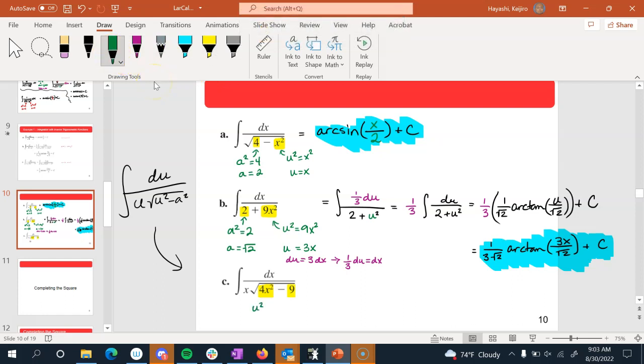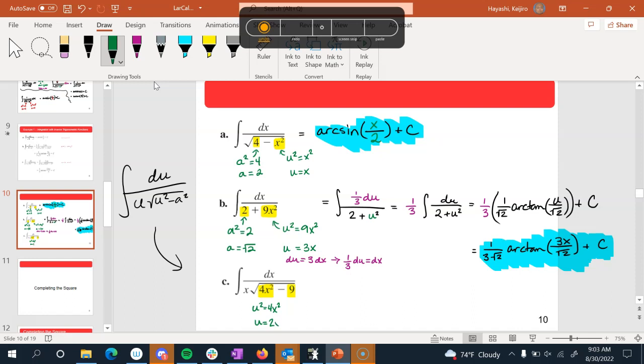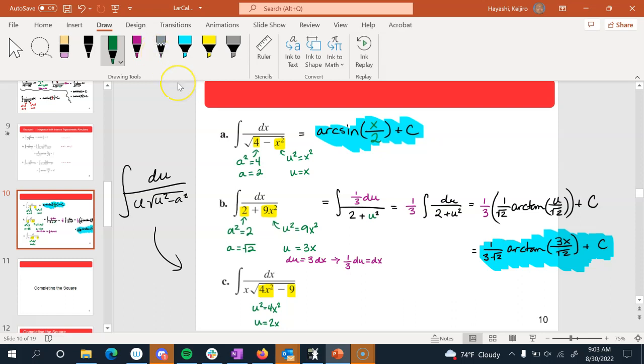Okay. So u squared is this 4x squared that's right here. And if you take the square root of that, well then u is going to be 2x, right, that is the square root of 4x squared. And if a squared is 9, well then a is 3.